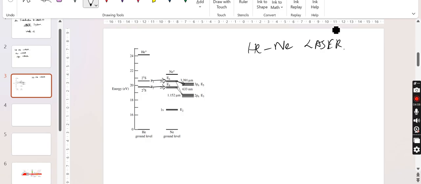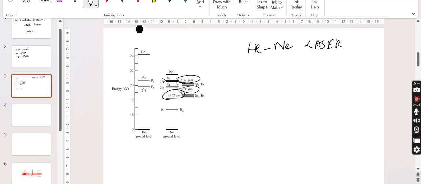They simultaneously decay to 3p4, and from 2s2 they decay to 2p4, or from 3s2 they can go to 2p4 also, and those wavelengths emit in the mentioned ranges.